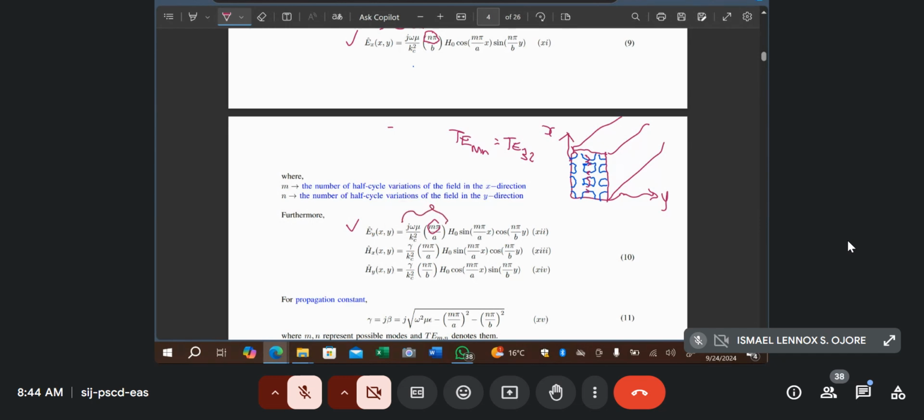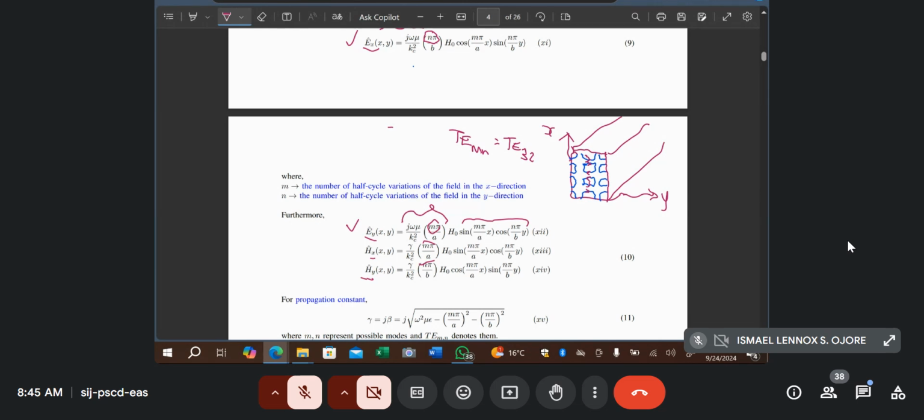Then we have sine times cosine. So n pi, m pi, m again for hx, then hy we have n. So you can derive ex, ey, hx, hz in this equation.